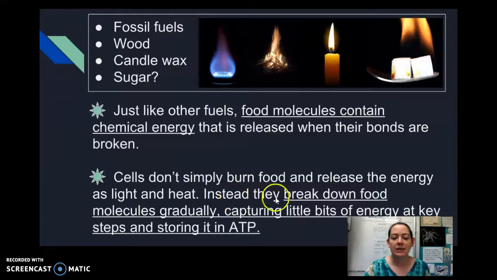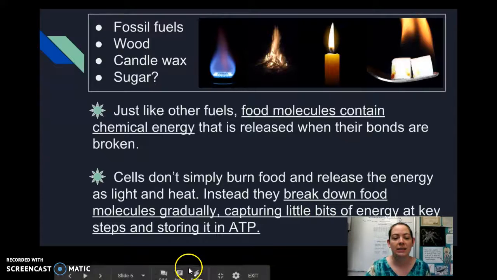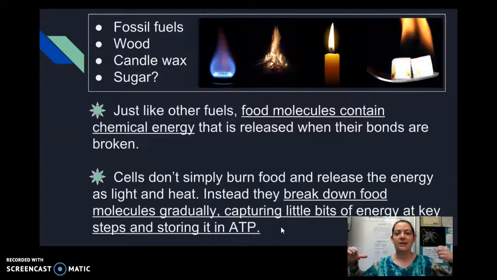So instead, our cells break down the food molecules gradually, little bits at a time, capturing those little bits of energy at key steps and storing it in ATP. So instead of just one big explosion in our cell every time we break down a glucose molecule, we break down little bits and store that energy, capture it as ATP.